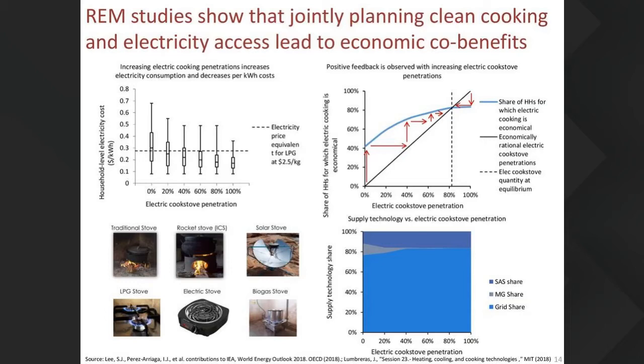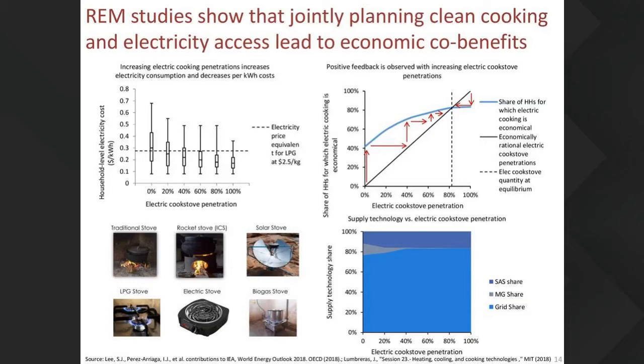from 0 to 100%, these box and whisker plots show household level electricity costs decreasing as a distribution as you have more and more electric cook stoves. The idea is that you have economies of scale from having more and more electricity demand, and for everyone, per kilowatt hour, electricity costs decrease.